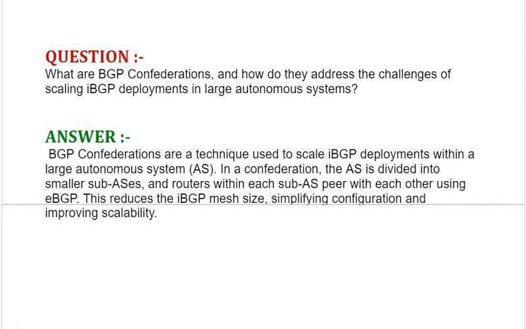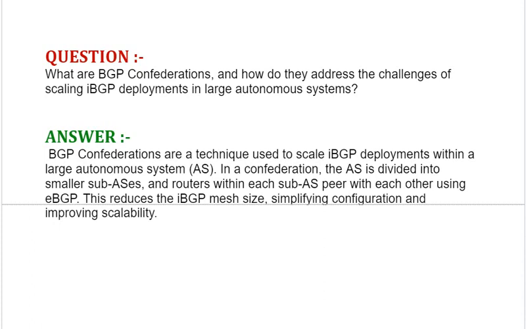Our next interview question is: what are BGP confederations and how do they address the challenges of scaling IBGP deployments in large autonomous systems? Your answer should be: BGP confederations are a technique used to scale IBGP deployments within a large autonomous system, AS.